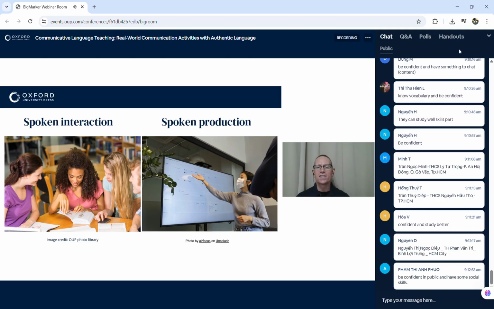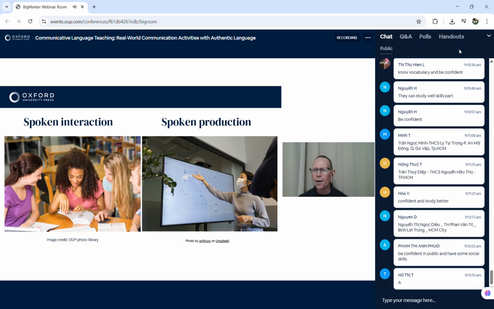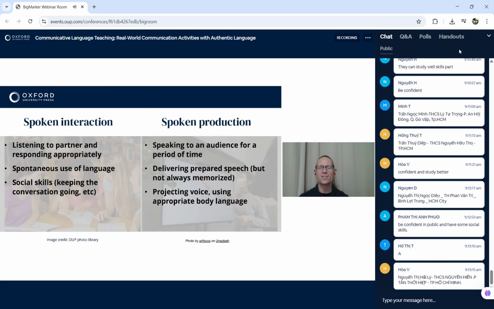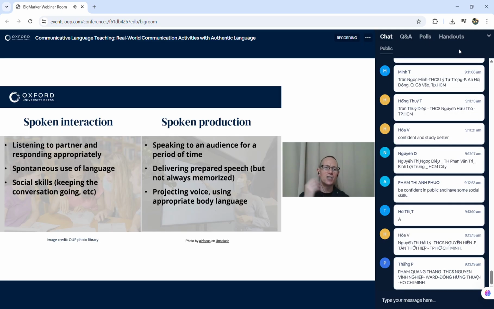So what are the different skills that are involved in spoken interaction and spoken production? Some of you mentioned being confident, having social skills, etc. So I think these apply to different situations. For spoken interaction, I think it's useful to listen to your partner and respond appropriately. As some of you mentioned, listening to your partner is important.